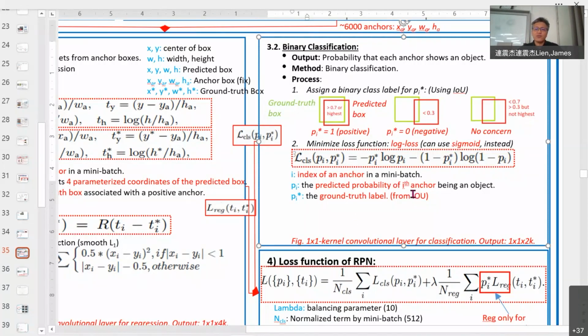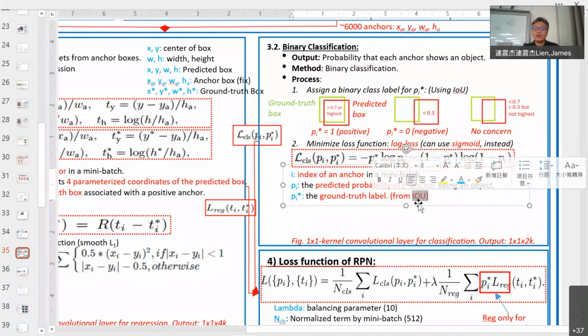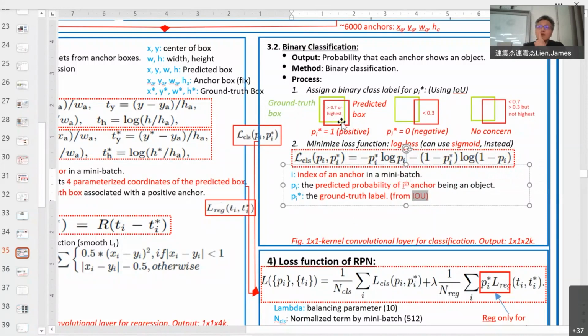This one IOU is intersection over union 交集分支连集 intersection of union 就是交集分支连集。如果这面积大于0.7，我们就称为 overlap 很大嘛，就称为1 label 成1。如果小于0.3，我们就 label 成0。中间介于0.3跟0.7，我们就不要理它。This is important.